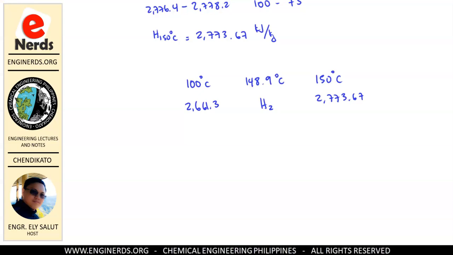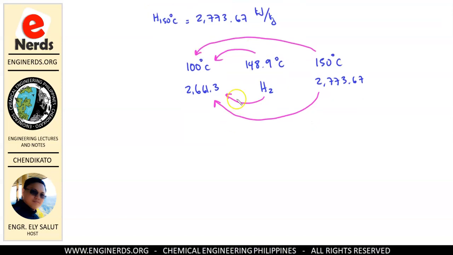So again, lalagyan ko ng pattern para madali natin siyang masundan. Ano? So our H2 will be subtracted here. And then we're going to subtract this one here. And we're going to do the same dito sa temperature. We're going to subtract here. And we're going to subtract this here. Okay, so now we're going to do our interpolation.